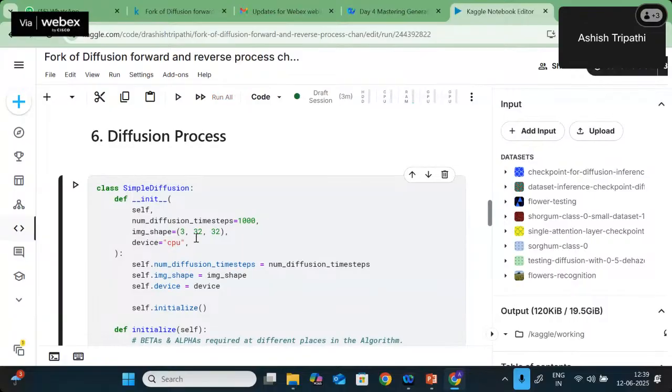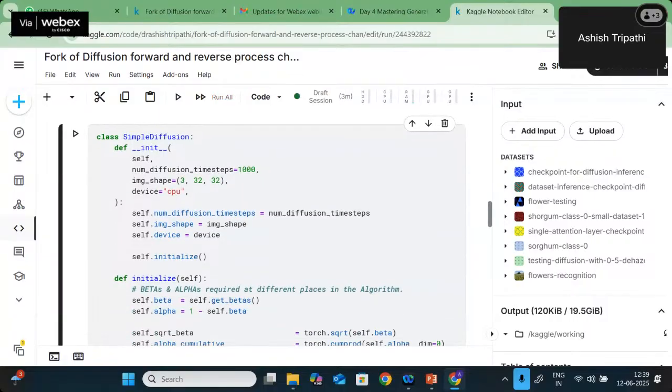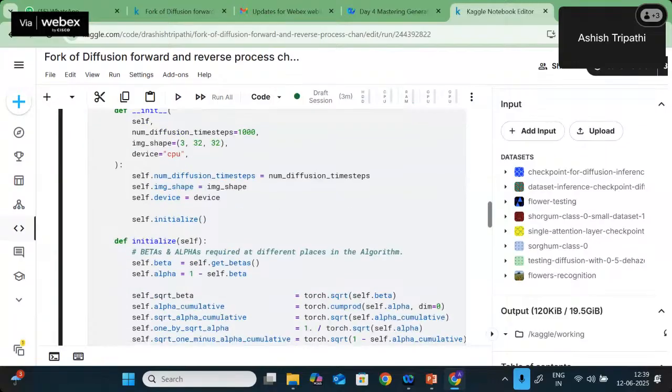So this is the number of epochs. I have taken 1,000 epochs. It's up to you how many epochs you want to take. This is again the alpha and beta that we have discussed. The alpha and beta will be required in the definitions of the algorithms.